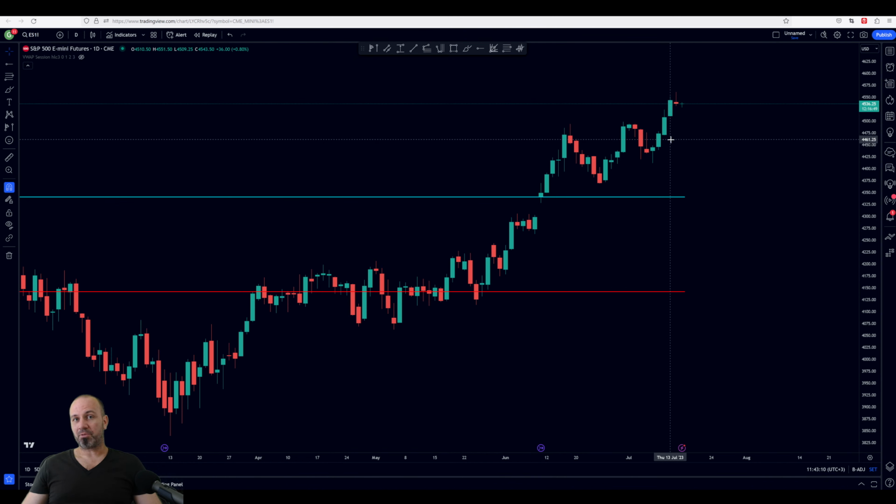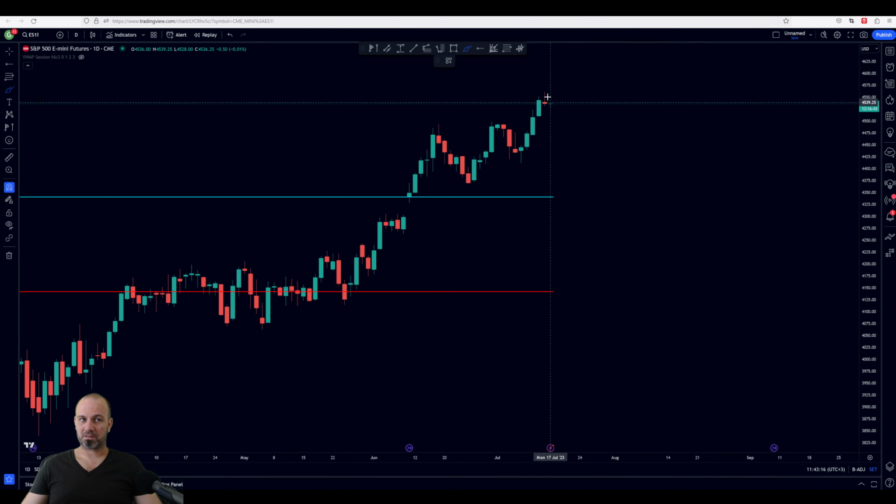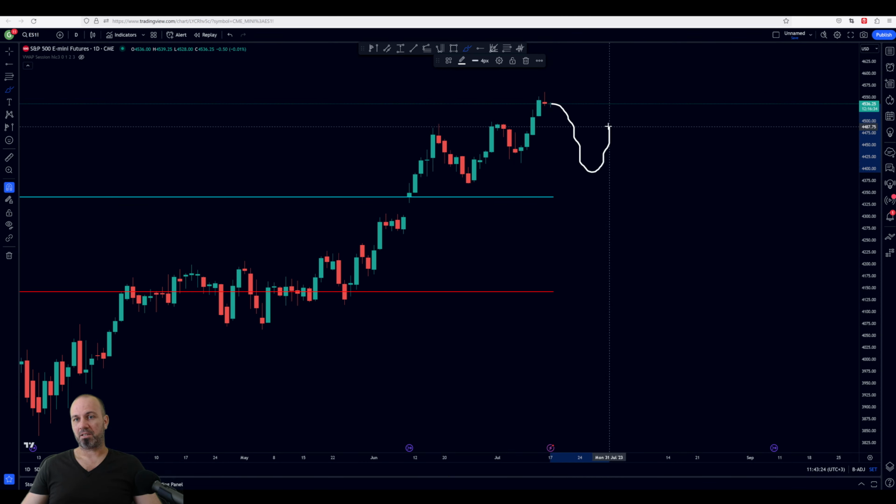The real sign of weakness would be if we start to see bigger rejection, if we start to see a change in market structure, right? On daily time frame, so that would be something like this. So let's say the price would need to take this low, make a lower low, then a lower high, and another lower low, and the price will go here. So that's a very, very interesting area.